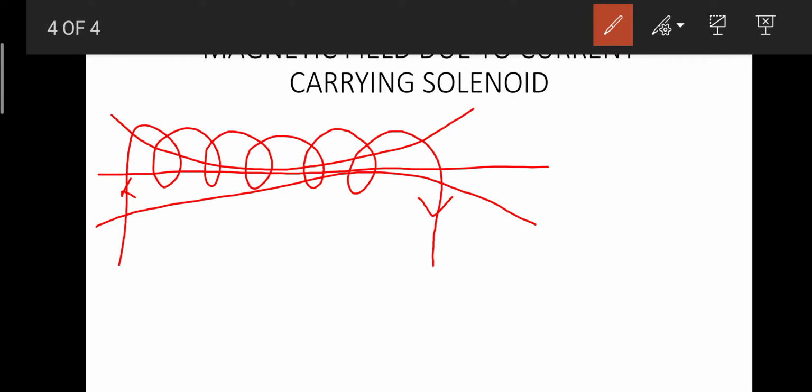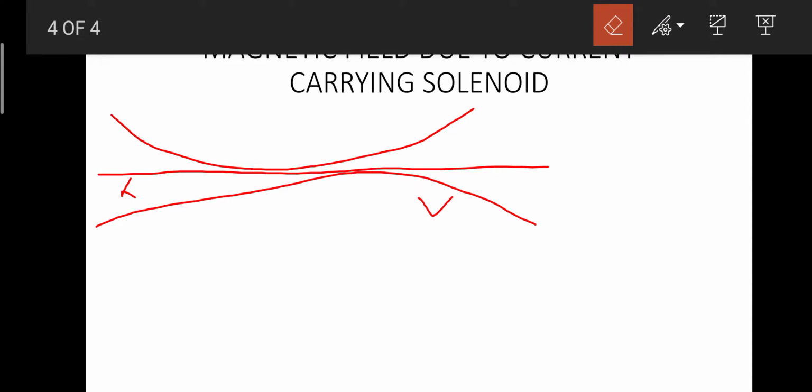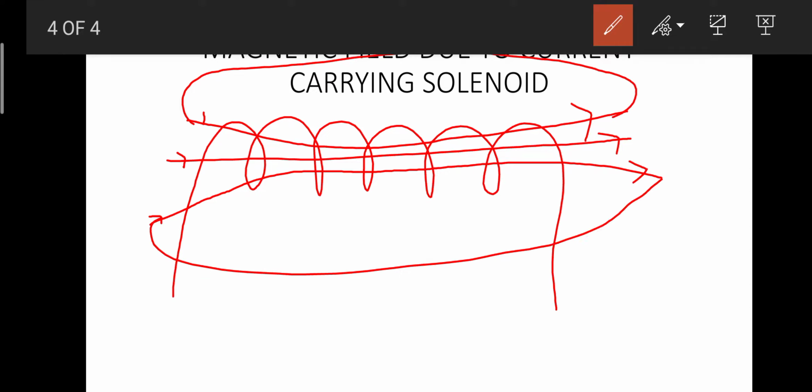Sorry, I've drawn it the wrong way. So this kind of thing we observed: inside the solenoid the field is parallel and strong, and outside the solenoid the field is weak. Outside the solenoid we definitely see circular paths.